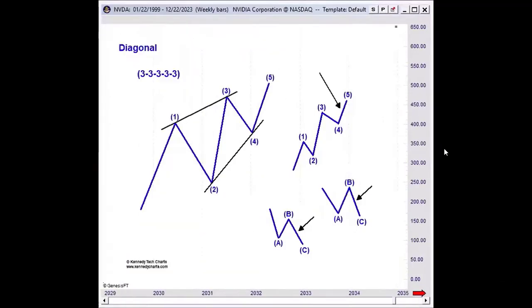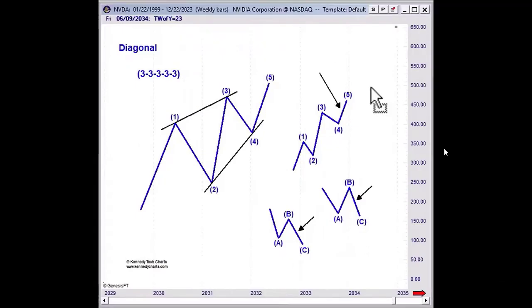Now, just to recap what we discussed yesterday, remember, an ending diagonal is just that. It is a terminating wave pattern, and it is limited as to where it may actually occur. It can form in the 5th wave position of an impulse wave, as I've diagrammed here, and also it can take the shape of wave C within a zigzag and/or a flat correction.